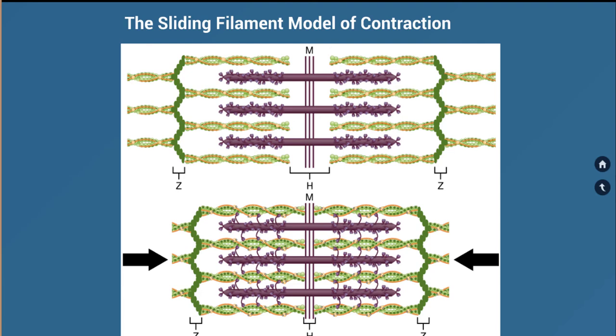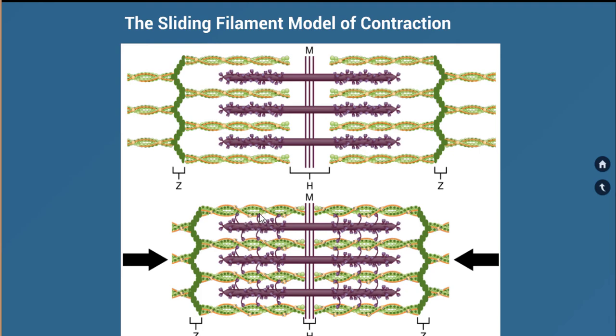This process is known as the sliding filament model of muscle contraction. The sliding can only occur when myosin binding sites on the actin filaments are exposed by a series of steps that begins with calcium entry into the sarcoplasm. Myosin heads, here you can see, bind actin filaments.